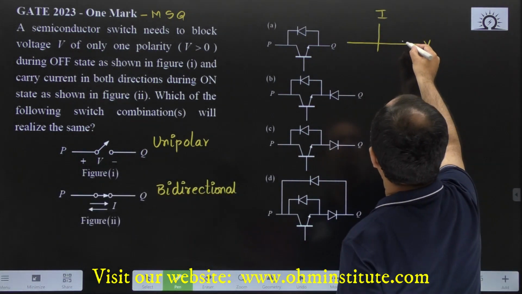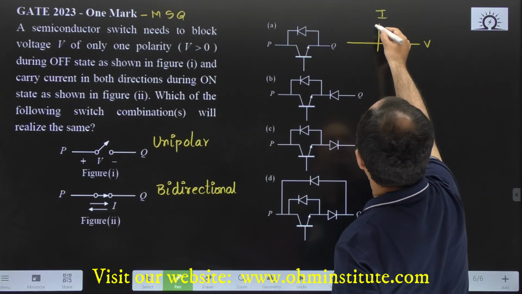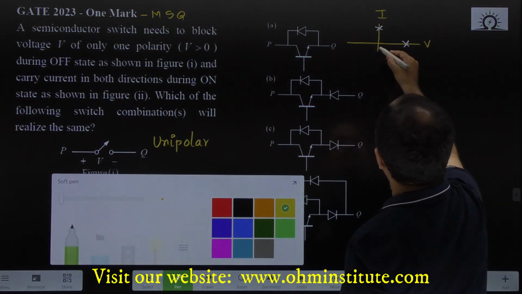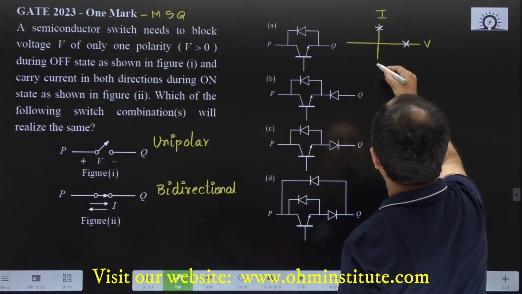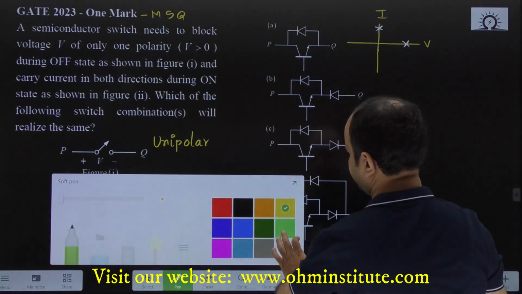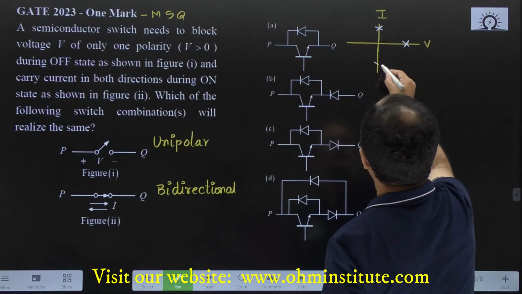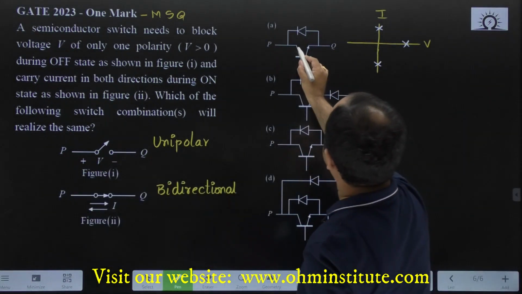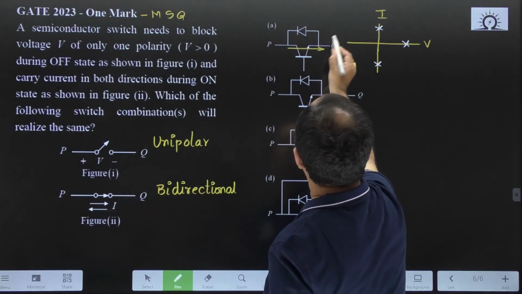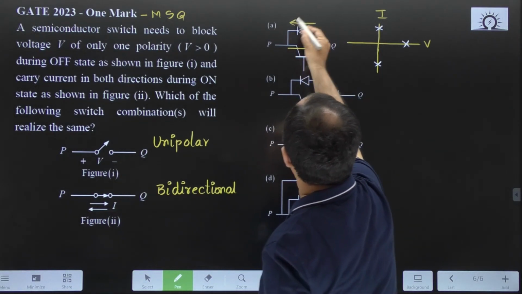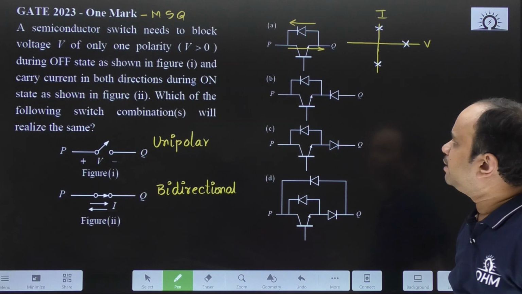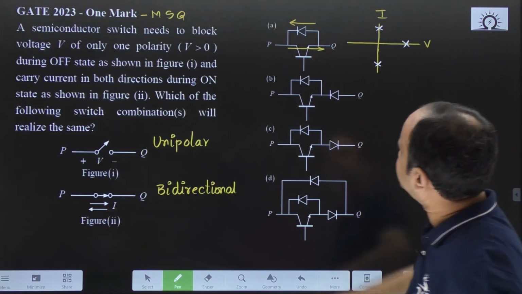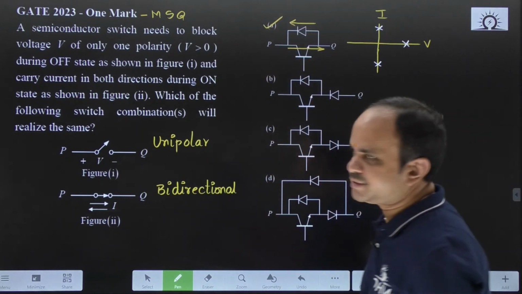It can have voltage blocking of one polarity and it can carry the current in both the directions. Okay. So, for example, why is it both the direction? This switch can carry the current from P to Q as well as Q to P, right, and it can block the voltage of only one polarity. Therefore, for this question option A is correct.